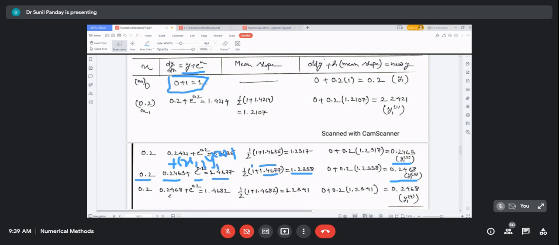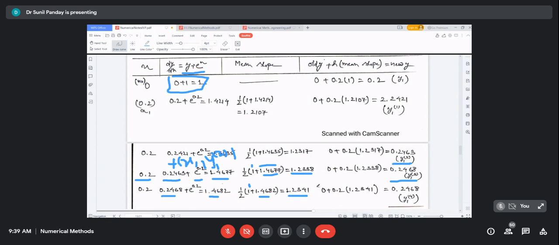Once you have the third updated value, you can calculate the fourth updated value also. To calculate the fourth updated value, again we use this value, y1 third updated, plus e raised to power 0.2, and you have this again with the initial slope and the current updated value slope, and then you take the mean of it.